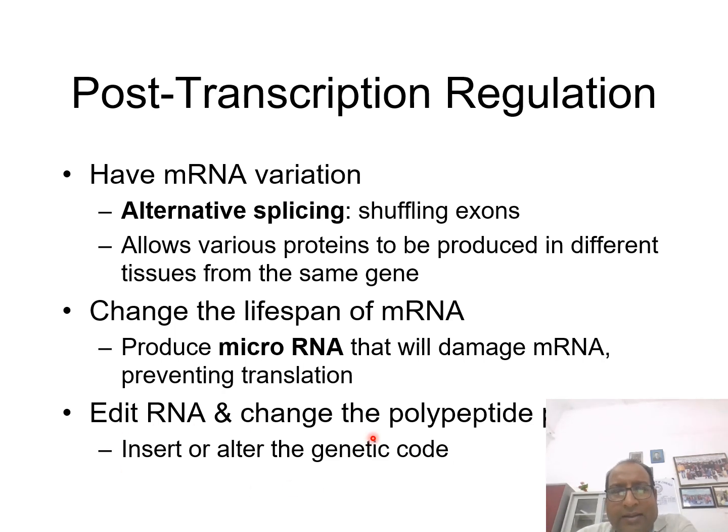The RNA can be edited, and the polypeptide sequence produced from that mRNA can also be modified. So alternative splicing, the lifespan of the mRNA, and the editing of the RNA by RNA gene editing methods are the different ways we can further regulate the mRNA and hence the gene expression.